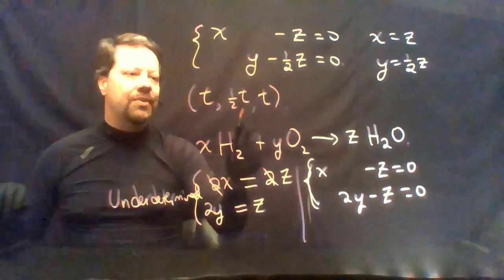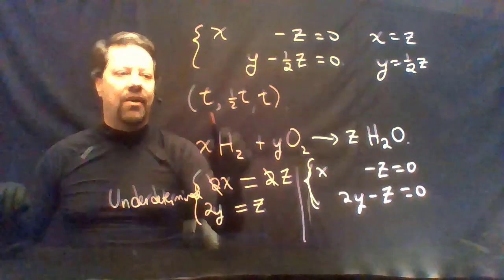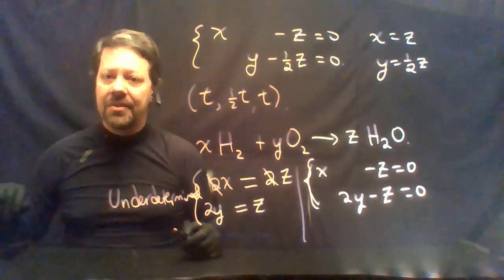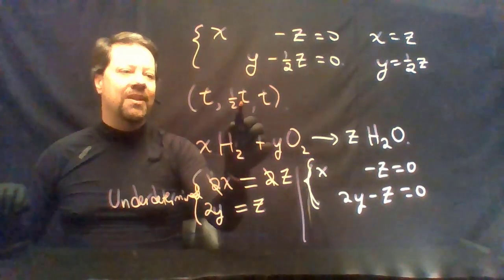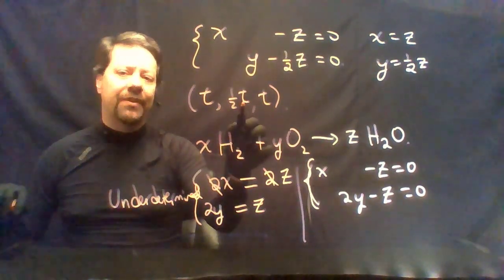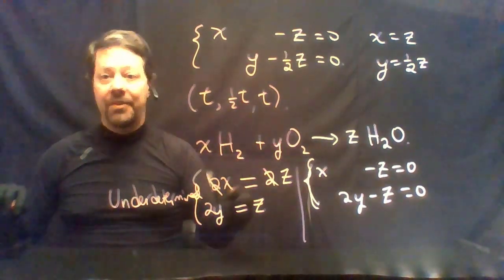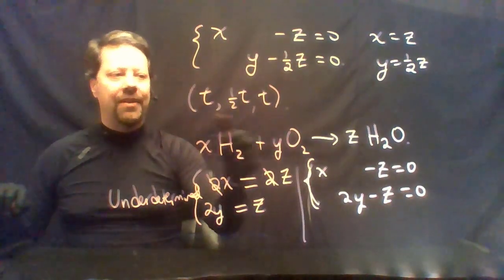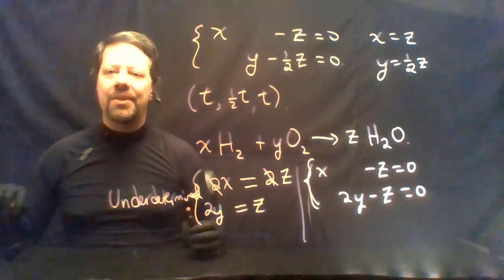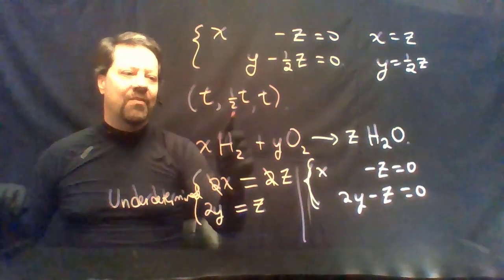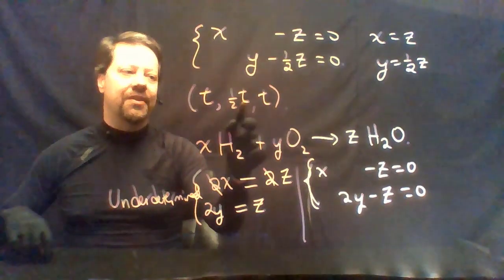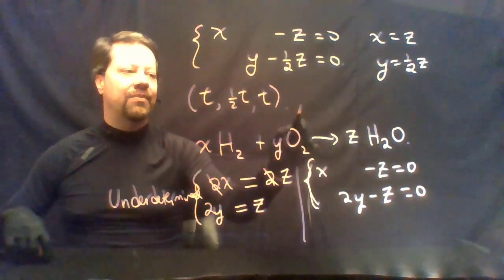If we want to choose T so that all of the coefficients in the equation are integers, we can choose T to be any multiple of 2, like 2, 4, 6, 8. All of those will give integers. But if we want the smallest value of T that gives us all integers, we can choose T equals 2.